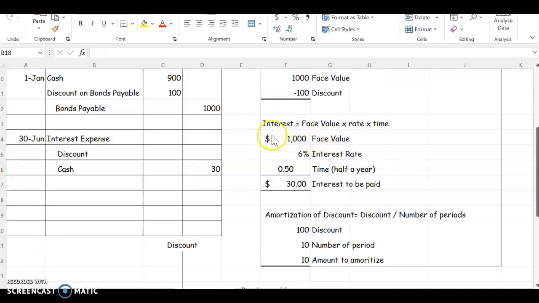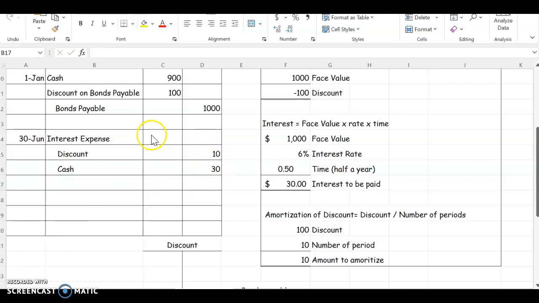Remember, to calculate the interest that you're going to pay in cash, you always take your face value times your interest rate times half a year because it's semi-annual. So we're always going to pay them their $30. The difference is we're going to have to amortize this discount every period. And so I am going to amortize my discount each time by $10.